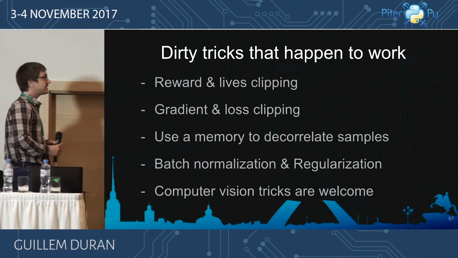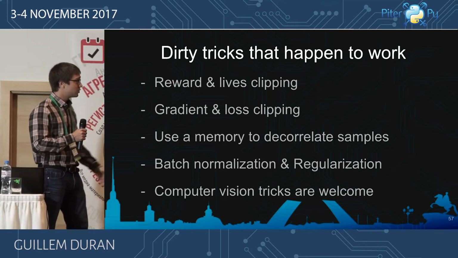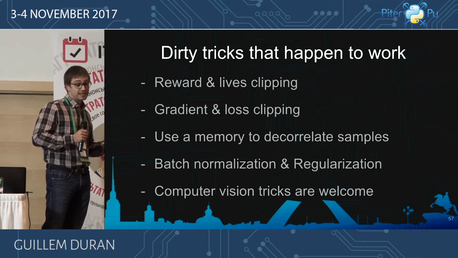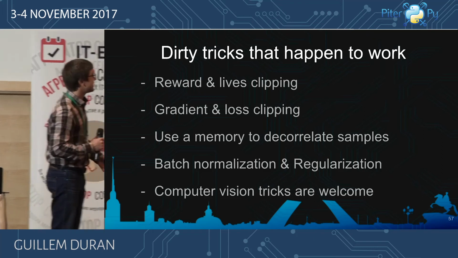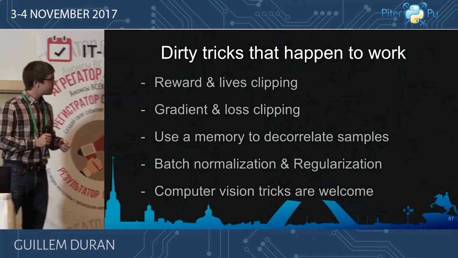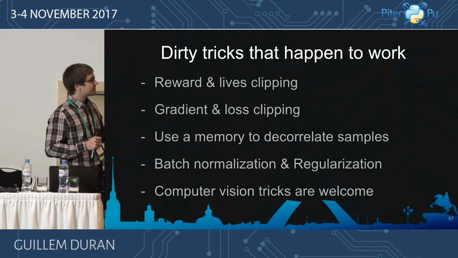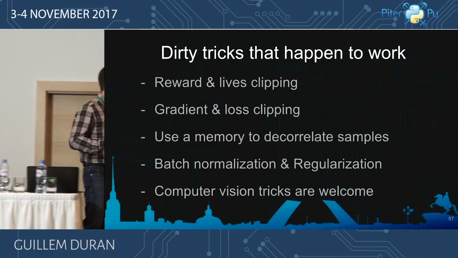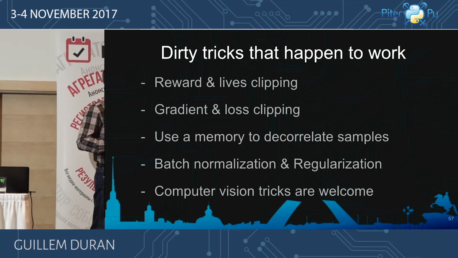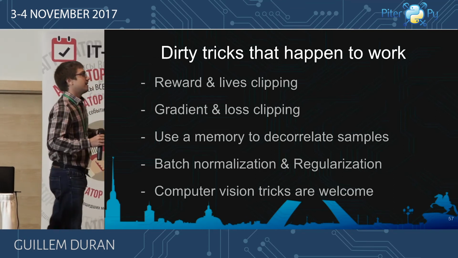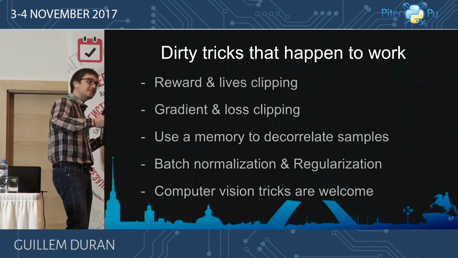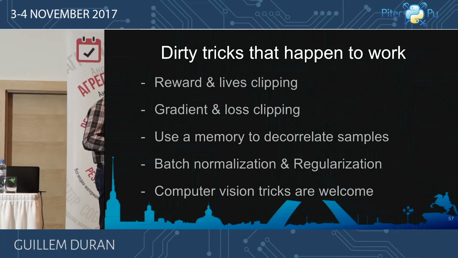The good thing is that there are a lot of dirty tricks that also work in this field that also work in deep learning, such as clipping the lives and the rewards, and clipping gradients. When you are clipping something, you are trading information contained in your state space for a smoother and easier to optimize loss function.